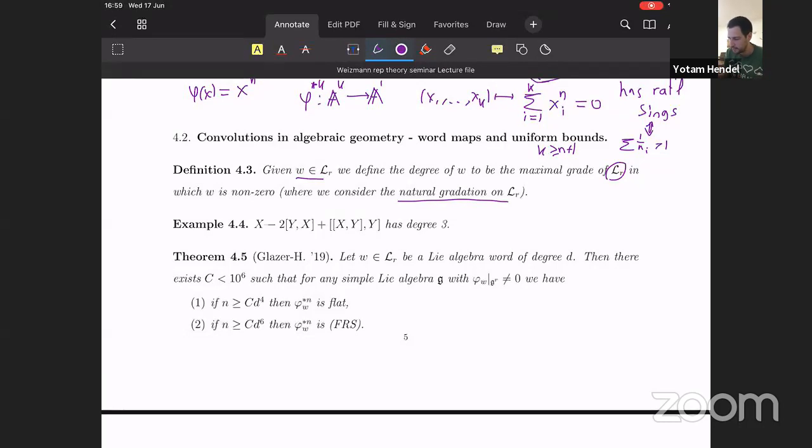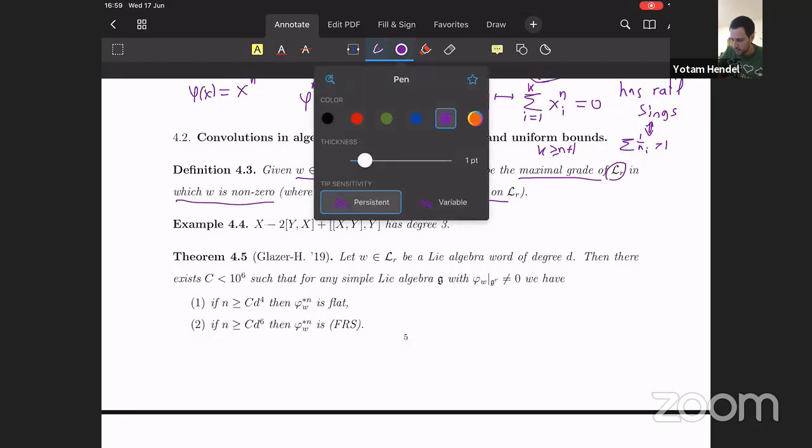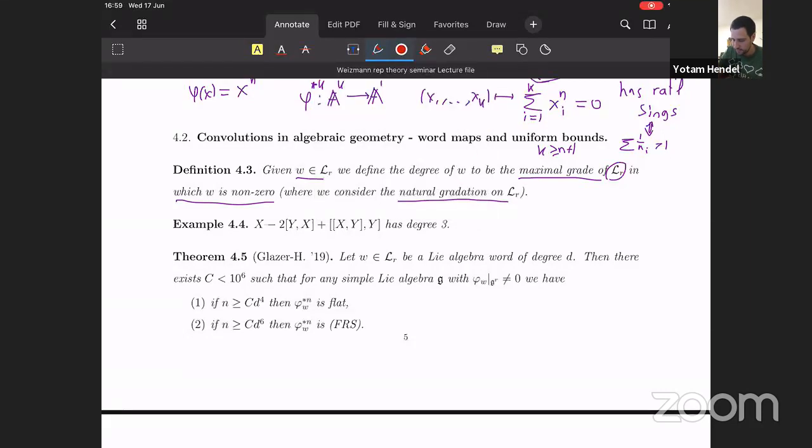I define the degree of a Lie algebra word to be the maximal grade in which it doesn't vanish. As a simple example, if I have this word, then this part has degree 1, this has degree 2, this has degree 3. So all in all, the degree of the word is 3.